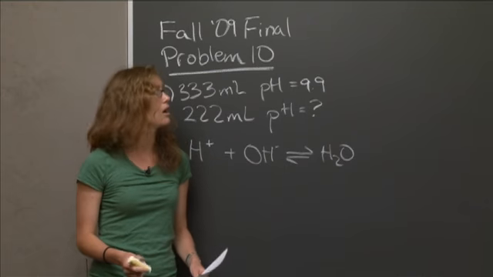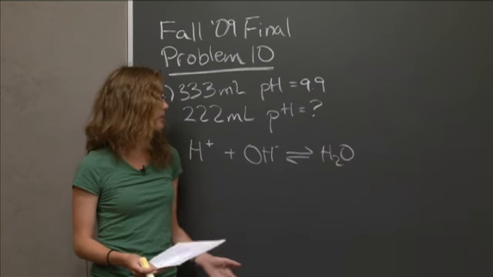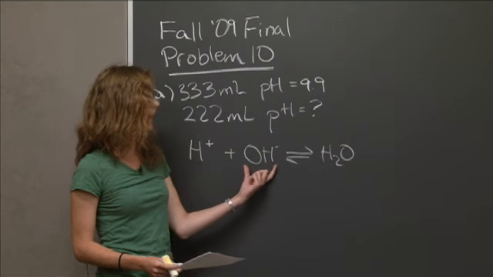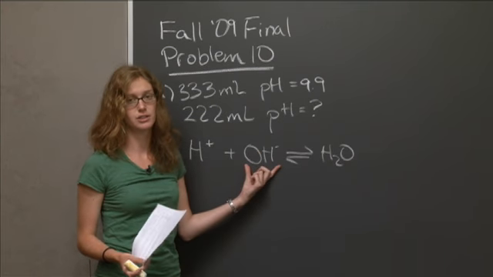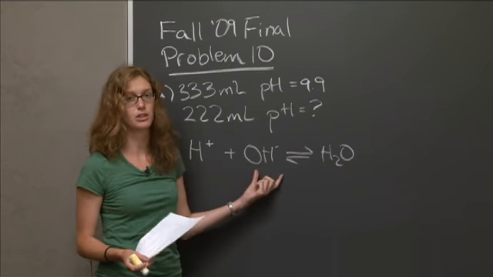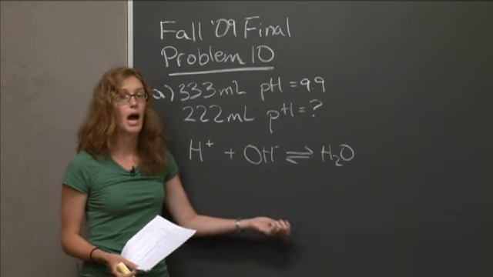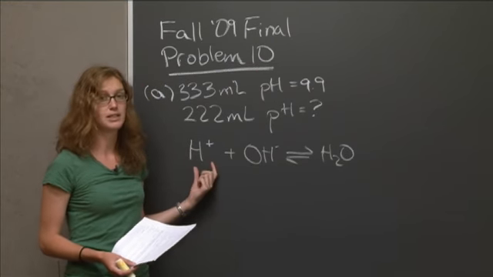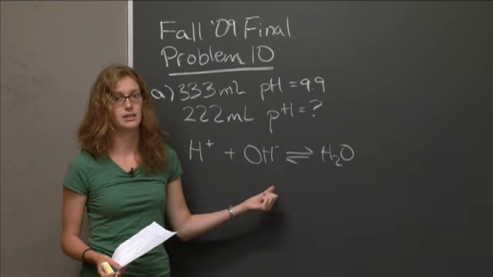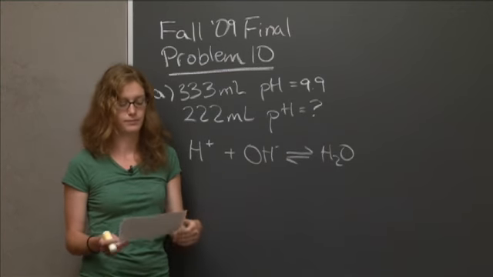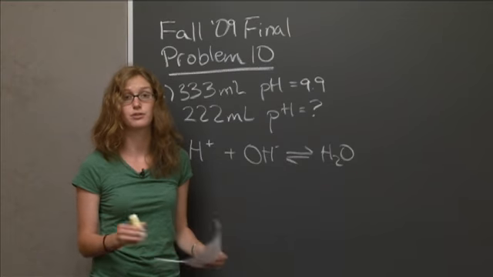So the next step would probably be to figure out how much excess hydroxide we have in the solution. And then we can figure out how much hydrogen we need to react with that hydroxide to form water in order to completely neutralize the solution.